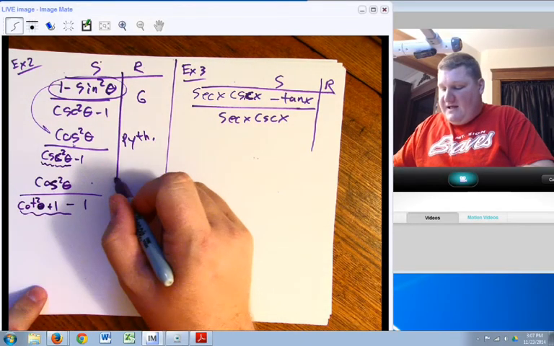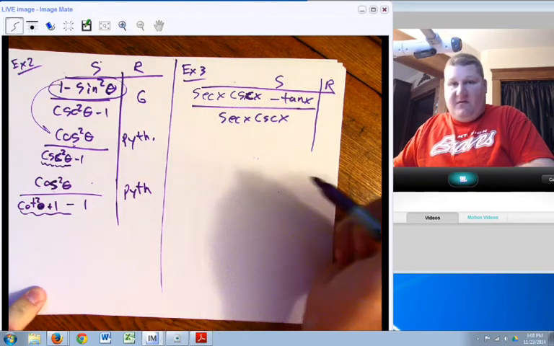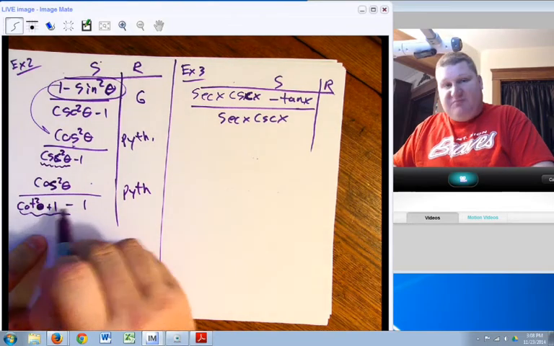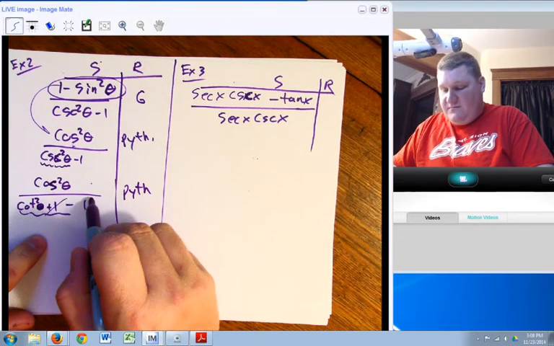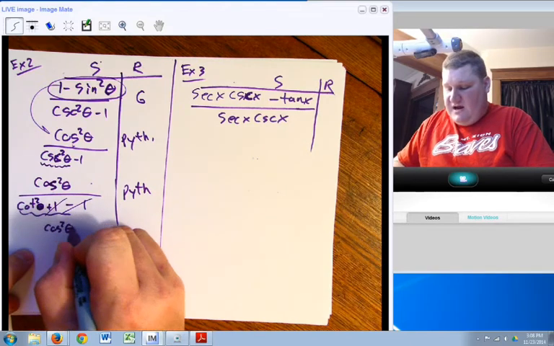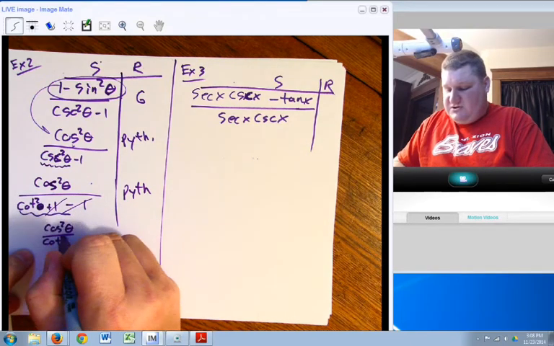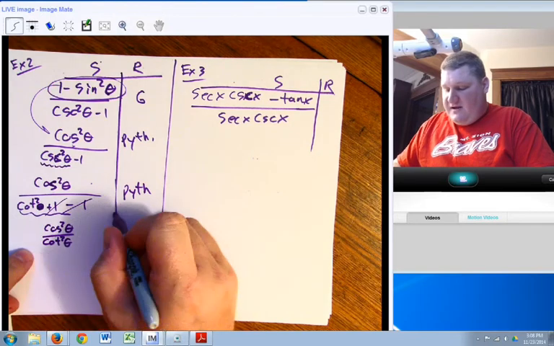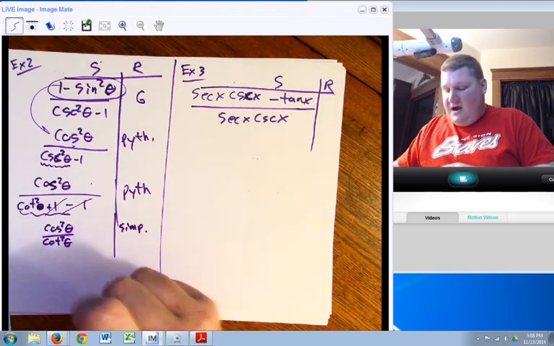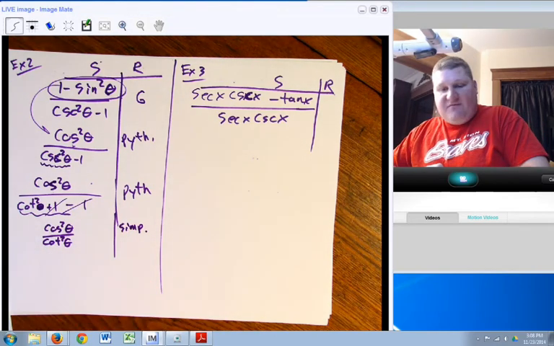By, again, Pythagorean theorem. Now, having done that, I can say, well, what's plus 1 and minus 1? Those go away, leaving me cosine squared theta over cotangent squared theta. That is by simplify.